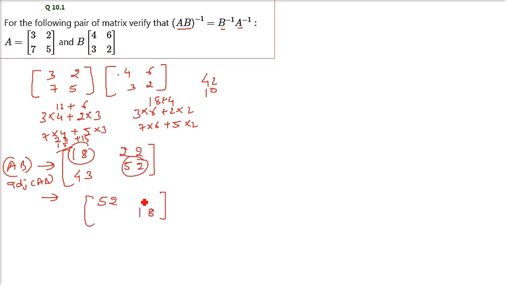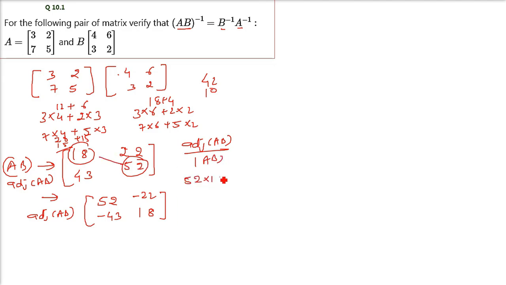And then you have to change the sign of minus 22 and minus 43. So this is your adjoint of AB, but we still need to find the inverse. Adjoint of AB divided by the determinant of AB is going to give you the (AB) inverse.